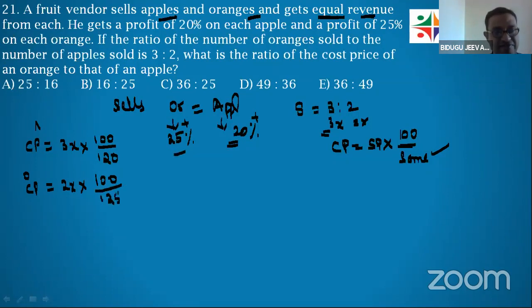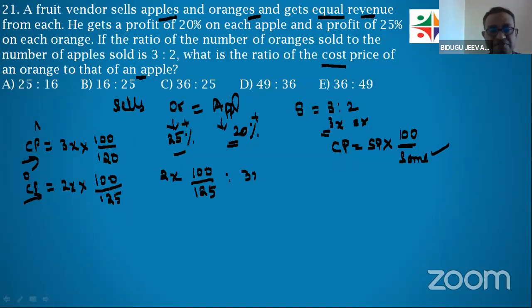What is the ratio of the cost price of oranges to apples, not apples to oranges? First here, then there: 2x into 100 by 125 is to 3x into 100 by 120.